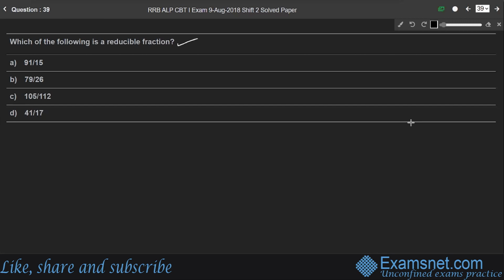Question 39. Which of the following is a reducible fraction? A reducible fraction is a fraction which can be reduced into its smaller fraction, right? So that means, for example, 2 by 4, right? Since both the numbers 2 and 4 are divisible by 2, I can write it as 1 by 2. 2 by 4 can be written as 1 by 2, right?